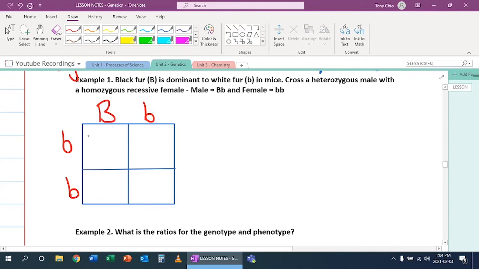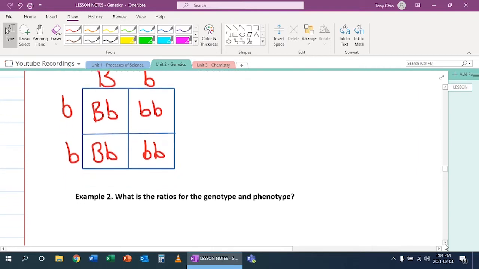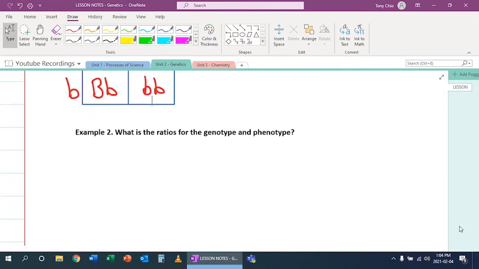And now we're going to write in each box the alleles that will show up for the offspring. So the first one we're going to have capital B, lowercase b. Second one we're going to have is capital B, lowercase b. Third one up here is going to be two lowercase b's, and this one's also going to be two lowercase b's. So that's our Punnett square there. Now, if you take a look at this, what is the ratio of the genotype and phenotype?